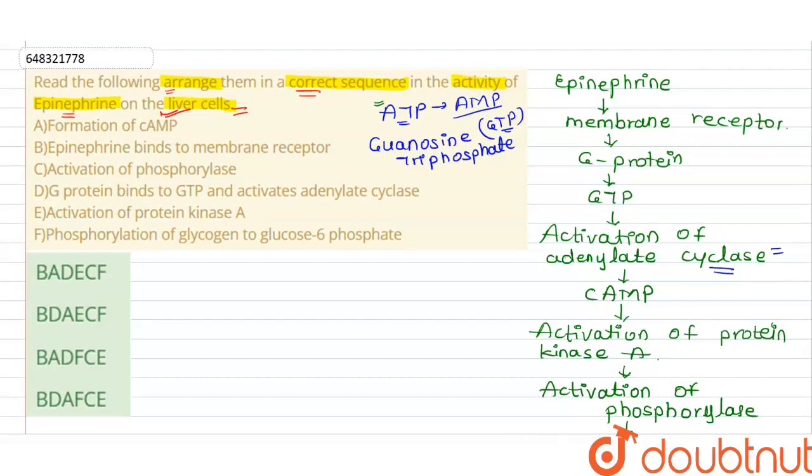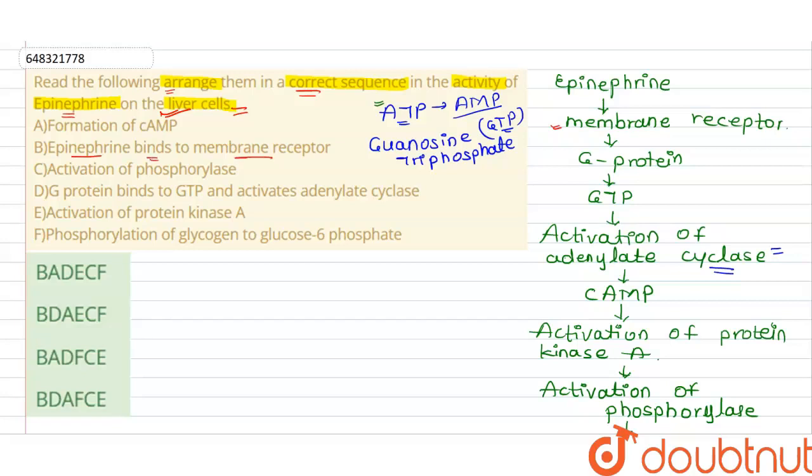Now let's compare this with the statements. First, as we told, the epinephrine binds to the membrane receptor. In which statement is that? There are A, B, C, D, E, F, a total of 6 statements. Out of these, statement B says that epinephrine will bind to the membrane receptor.